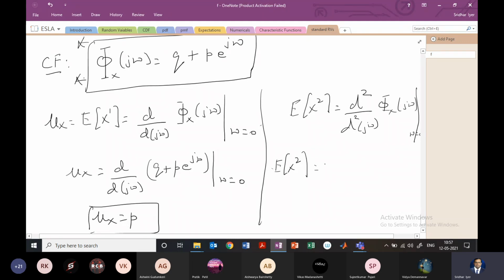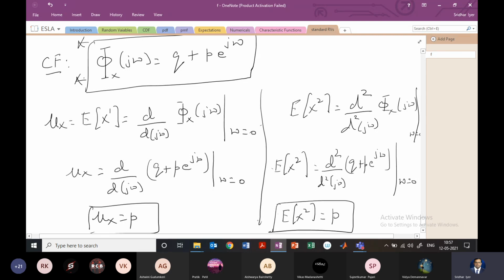So e of x square is just going to be d square by d square of j omega of q plus p e raised to j omega. Find the double derivative and substitute omega equal to 0, right? And your answer should match, and you must get p. So in both the parts, I've actually skipped one step, and I'm expecting you to do that and see that the mean value and the e of x square value are one and the same.